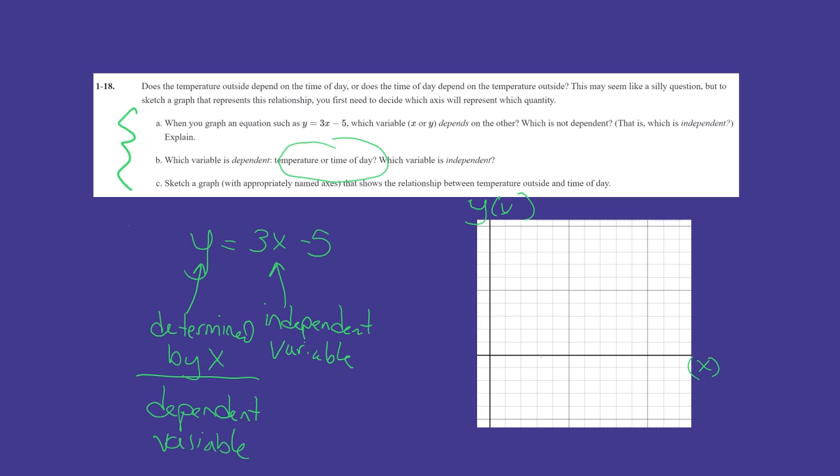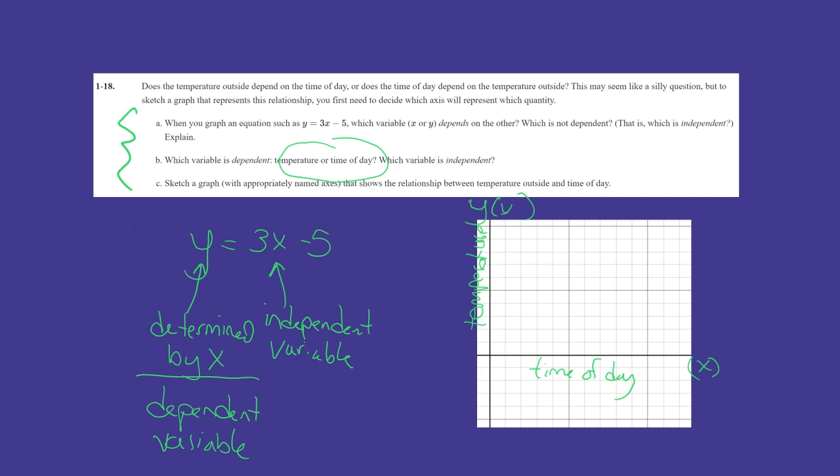So my axis would have time of day on the x value, and then it would have the temperature on the y-axis. How you put that information on there and what scale you choose is based on how you're looking at it, but that is the way I would look at that. Time of day on the x, temperature on the y, and then you have the rest of the information for this problem.